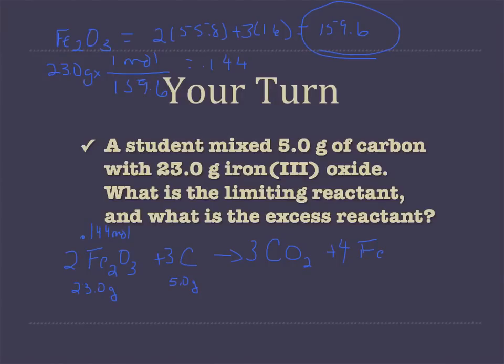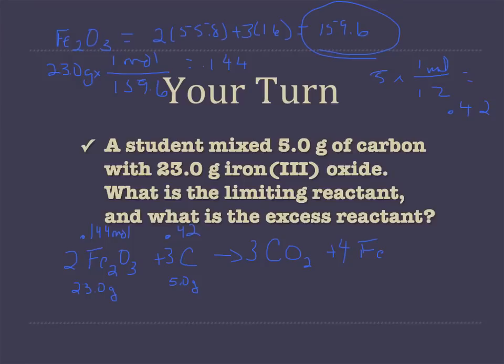And for carbon, carbon is 12, so it's 5 times 1 mole over 12. 5 divided by 12 gives me 0.42. Now, the last step was to divide each of those by the coefficient.